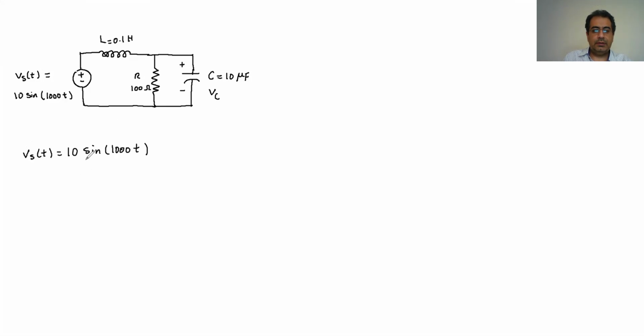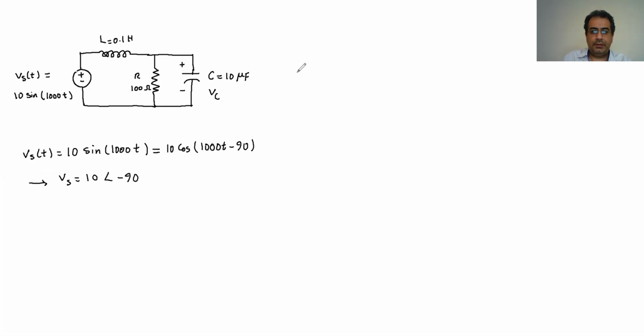I cannot use it this way, so I write it as 10 cosine, and remember, to convert to cosine we just subtract 90 degrees. So I can write the Vs in phasor format as magnitude 10 and angle negative 90.